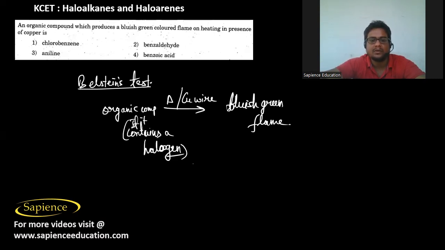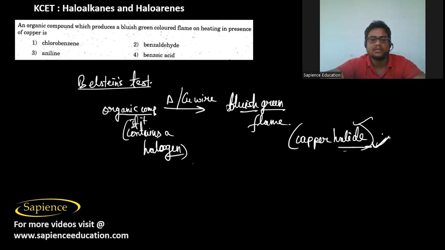Since the halogen will react with the copper and one copper halide is produced. When copper halide is formed, it will give a bluish green colored flame. So this copper halide will be formed only if the organic compound contains some halogen.